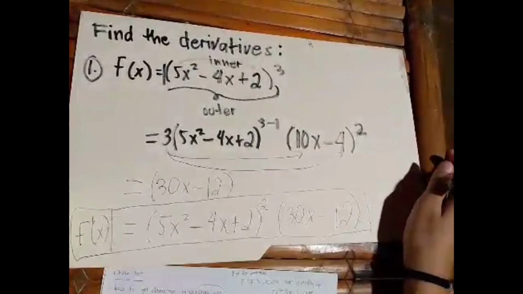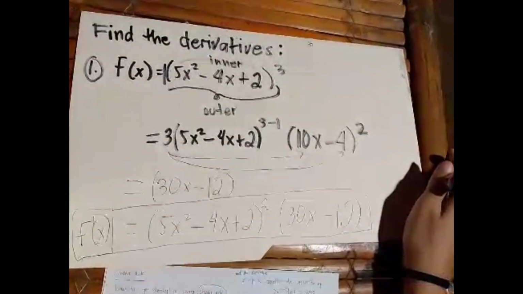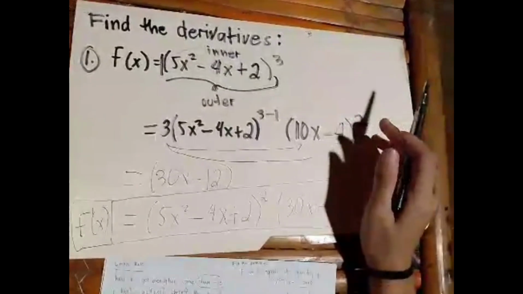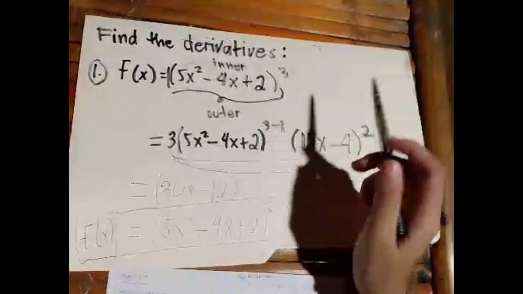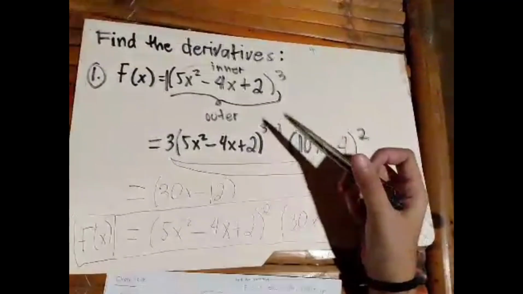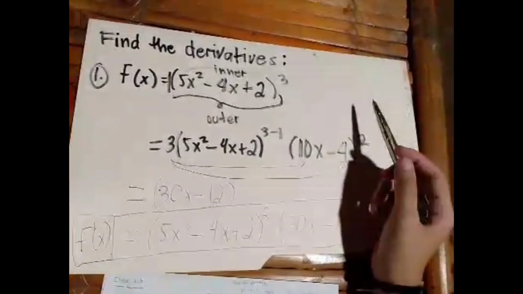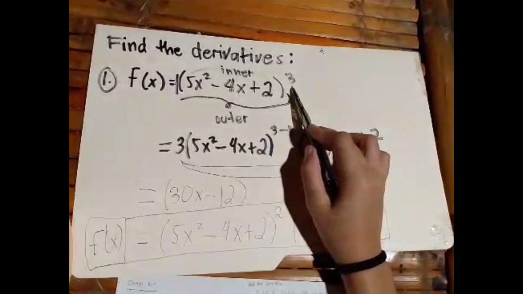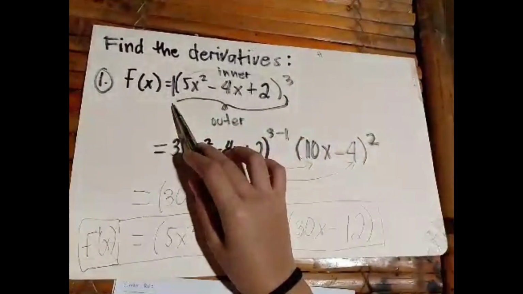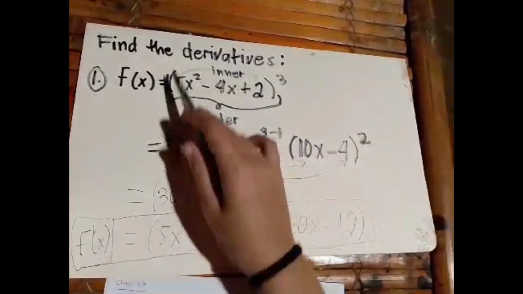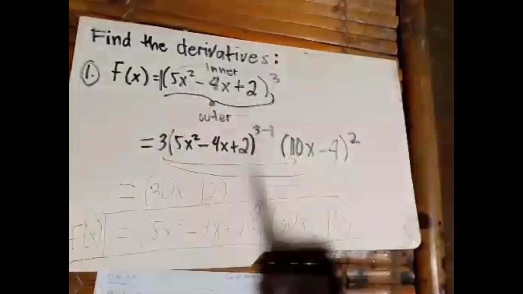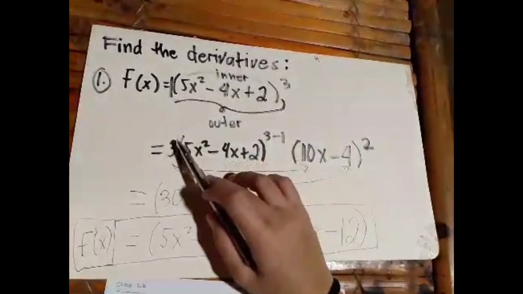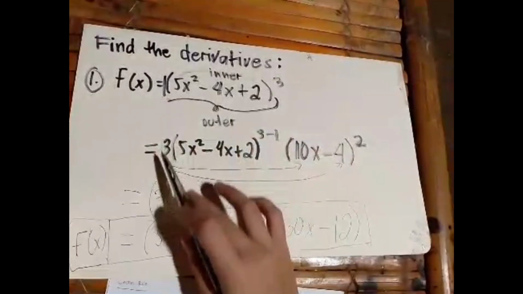So, we will find the derivative of the given function. Next, we differentiate the outer function. Then, multiply the exponent and the coefficient. The coefficient is automatically 1, so we multiply it, 3 times 1 equals 3.